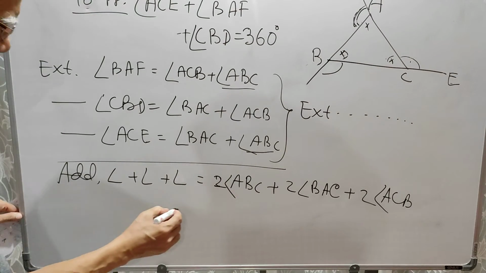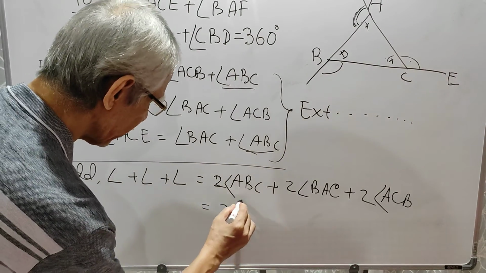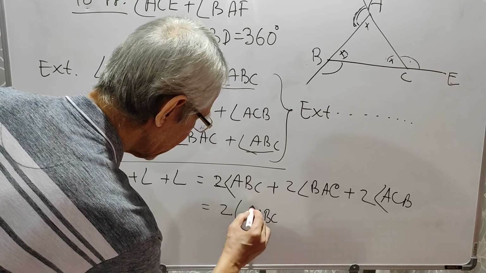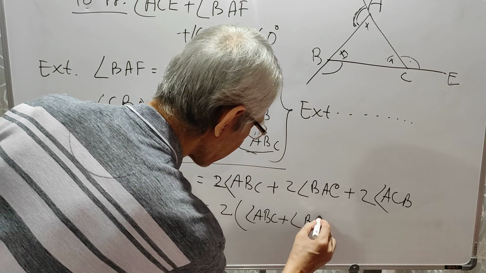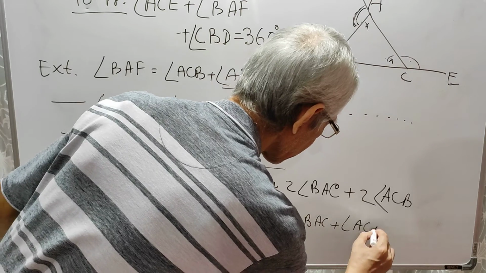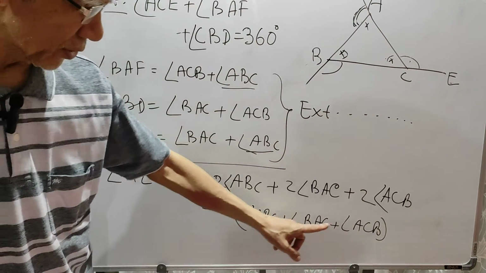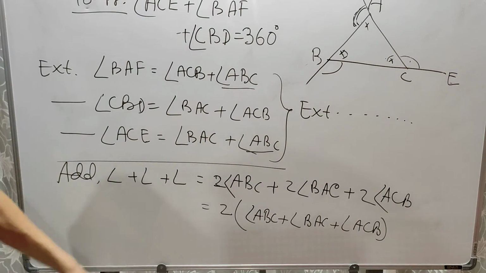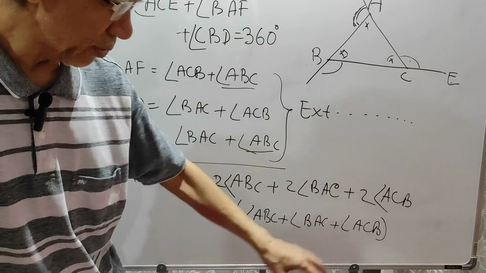Okay, now take 2 common. What do you get? ABC plus BAC plus ACB. So if you take 2 common, you get these three. Now these three together, 180 degree angle sum property. In the triangle, the sum of these three angles, ABC, BAC and ACB, is 180 degrees.